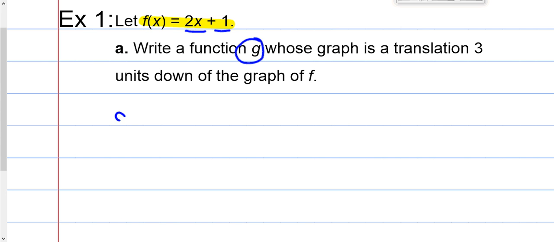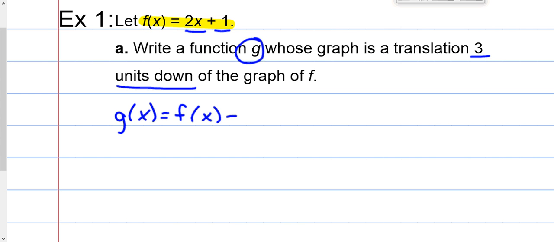So if I start with my g of x function that I am making, it says it is a translation 3 units down. Well, we know from the previous slide that down is on the outside. So if I take that f of x function from right up here, and I'm just going to label it f of x for now, and then I want to take that whole function and move it down 3.